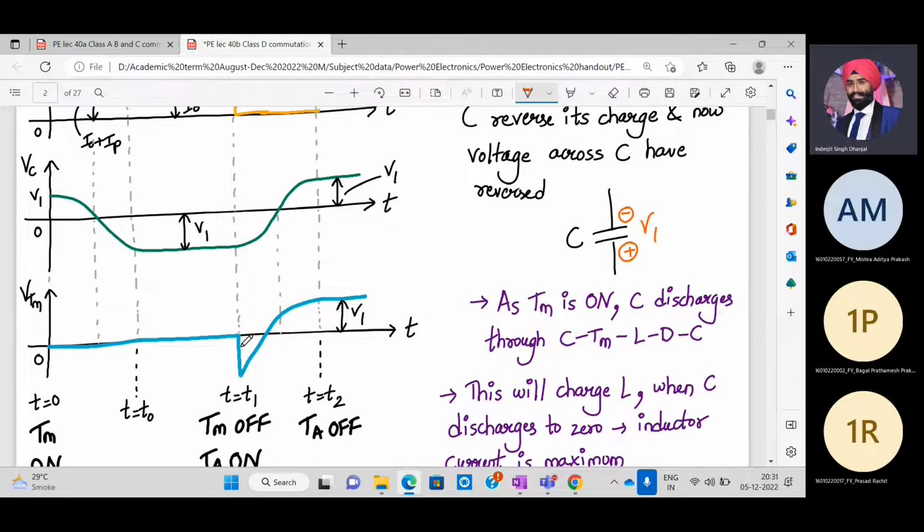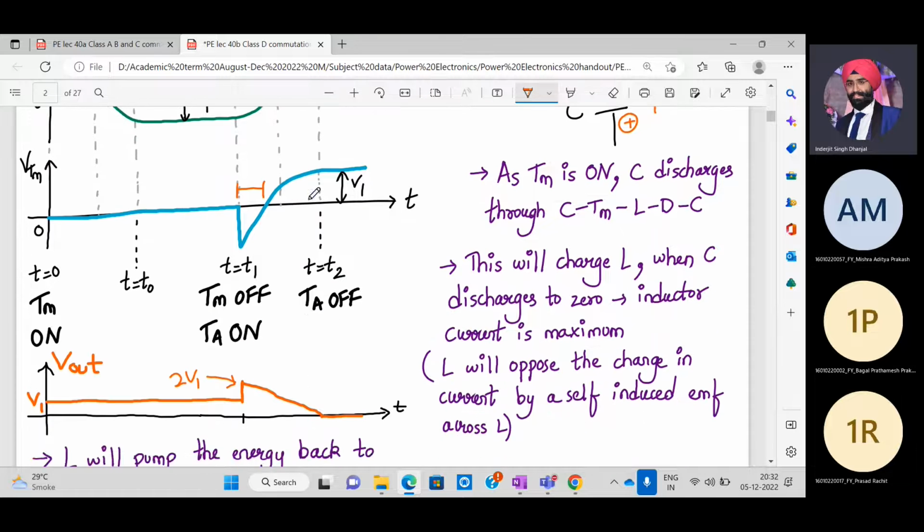The voltage across the SCR will reach minus V, a negative voltage, and it will slowly rise. This time is called the circuit turn-off time, the SCR turn-off time. The SCR will take some time to turn off until it reaches a steady value.